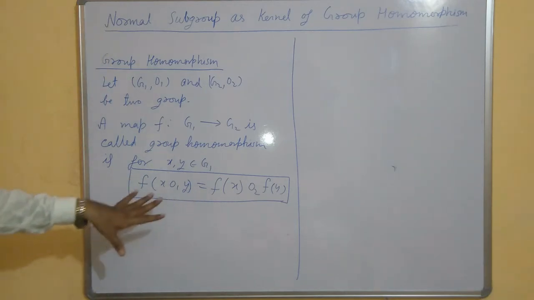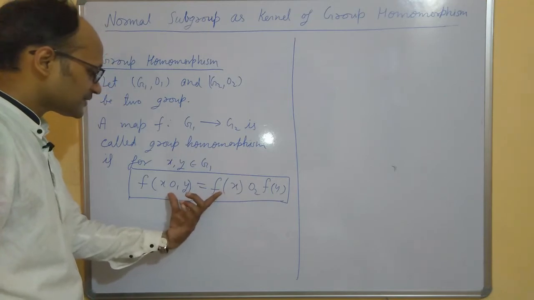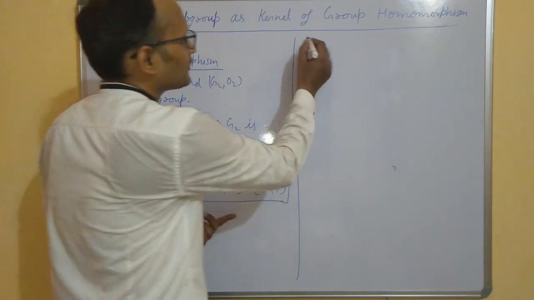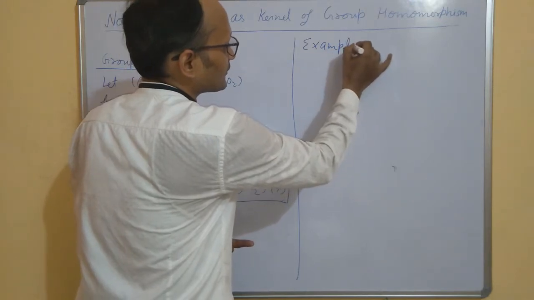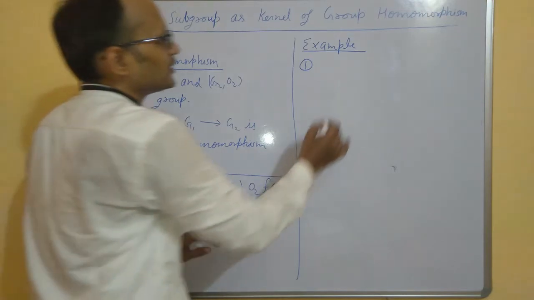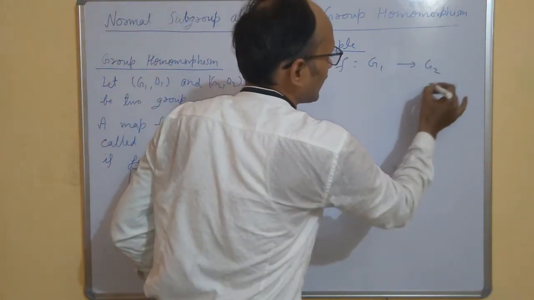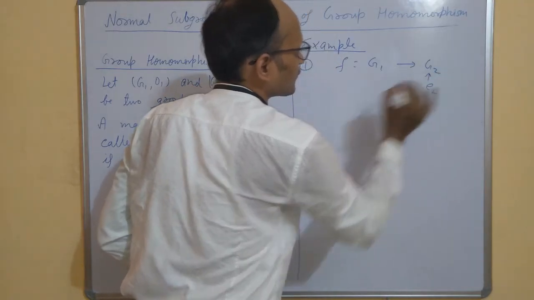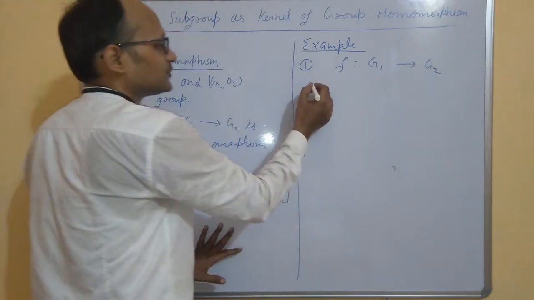So I am not going to do the detail of this here, but let me give some easy examples. We will do more examples later on. Suppose f is a map from the group G1 to the group G2, and suppose E2 is the identity element of G2.